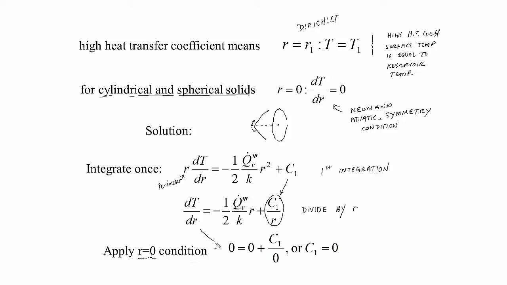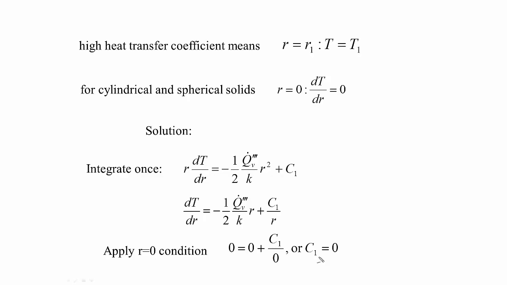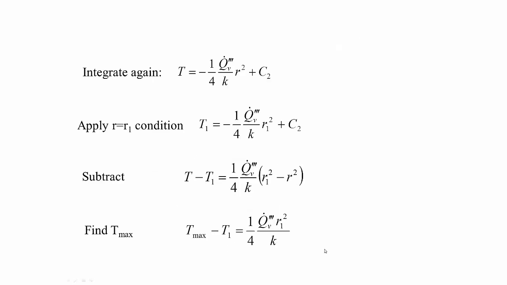We know that dT/dr has to be equal to 0 at 0, and we'd have a C1 over 0, so the only thing that can happen is that C1 has to be equal to 0. So we integrate again. So we've lost C1 by the symmetry boundary condition.